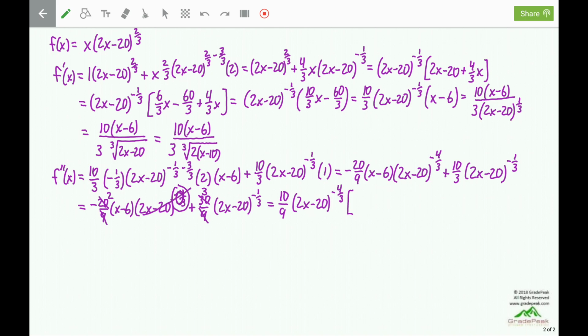There's what's left over for the first term. It'll be a negative 2 times the quantity of x minus 6. For the second term, adding a 4/3 power to that, negative 1/3 plus 4/3 is 3/3, or 1, and all this will be to the first power. And we have left a 3 times 2x minus 20 for the second term.